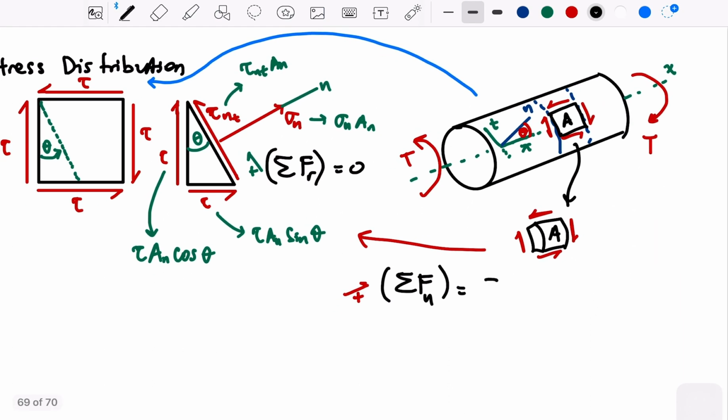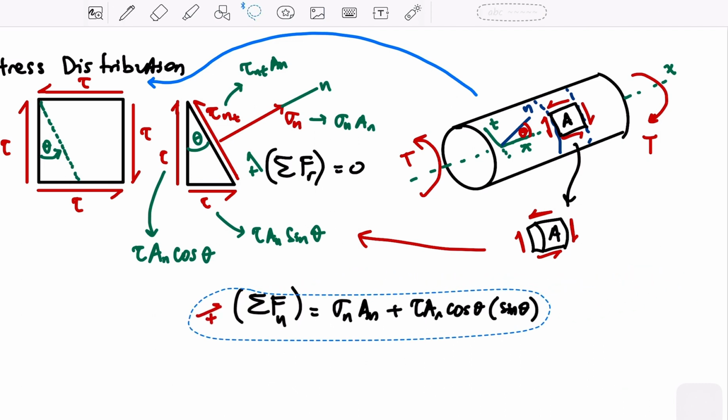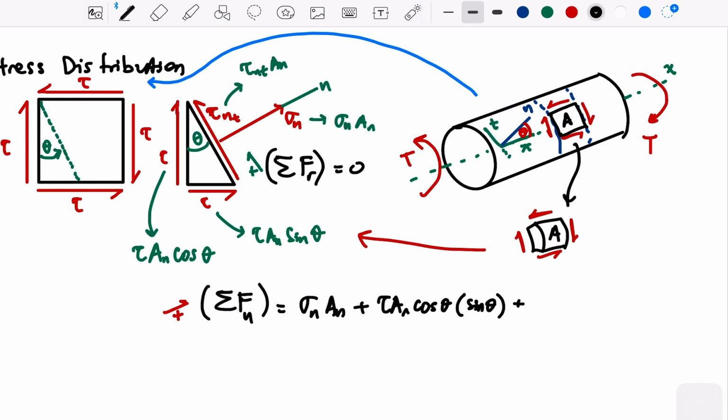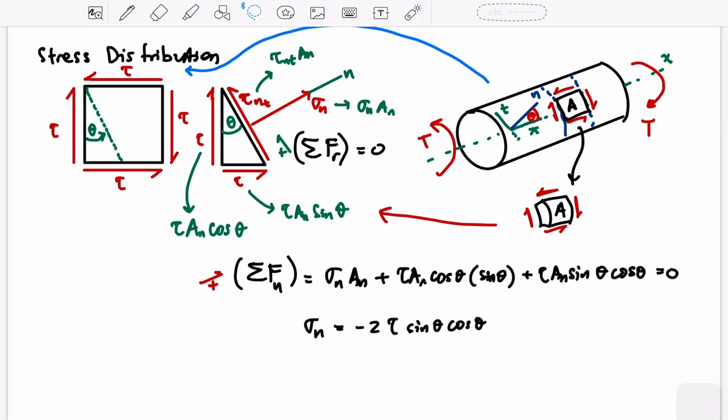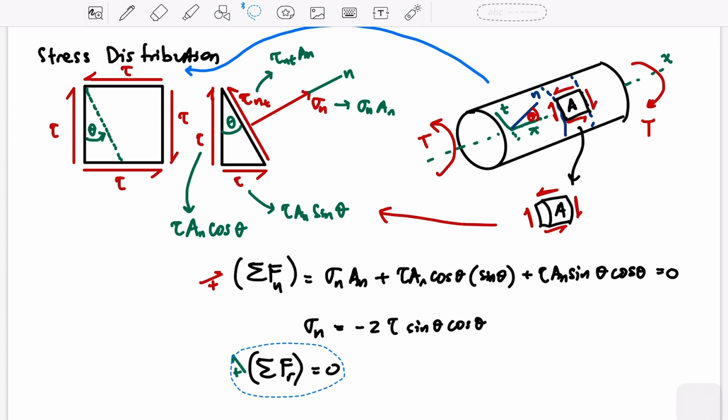This will be equal to, so sigma is equal to negative 2 tau sine theta cosine theta. And this part here, let me move down here.